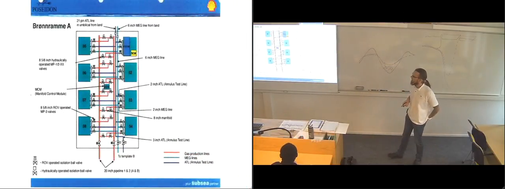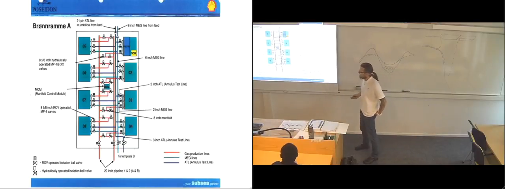Here is template A, and as you can see here, there's quite a lot of valves as you get inside the template itself. So each of these, here's the first Christmas tree with its control modules and everything.